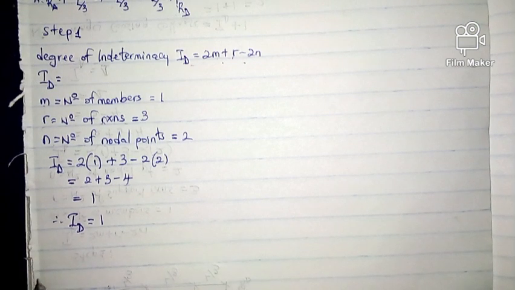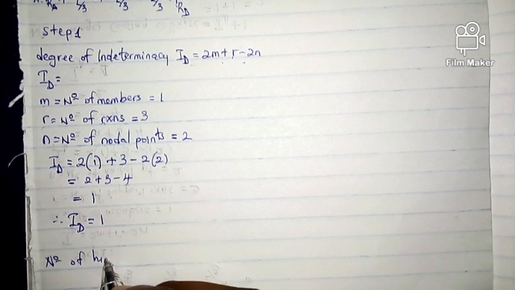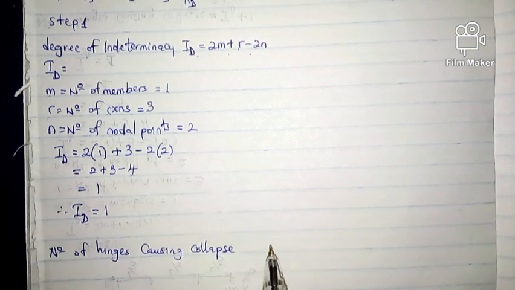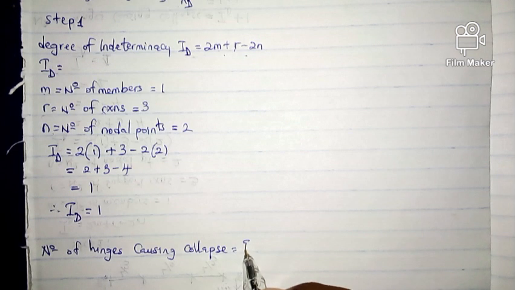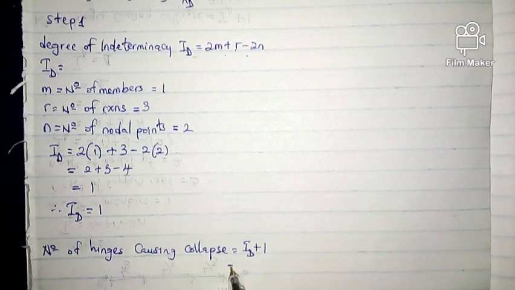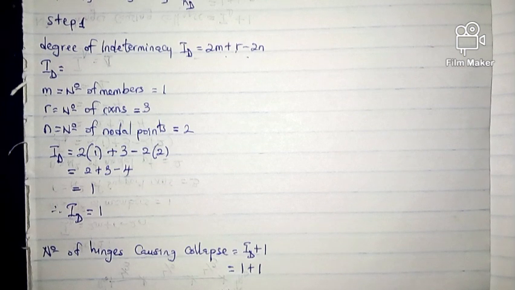Now the next step: find the number of hinges causing collapse. The number of hinges causing collapse is equal to the degree of indeterminacy plus 1. What is our ID? Our ID is 1, plus 1.